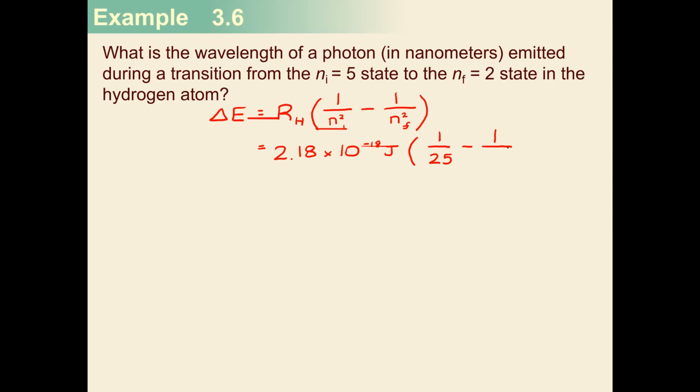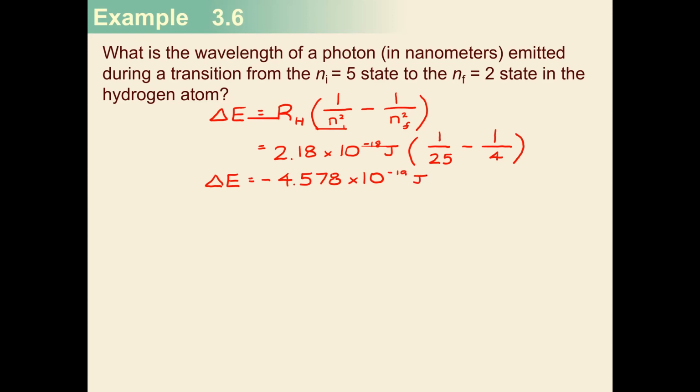We need to square that, so that would end up being 4. And we are now able to calculate our change in energy. If we do this, we are going to see that our change in energy is equal to negative 4.578 times 10 to the minus 19th joules.